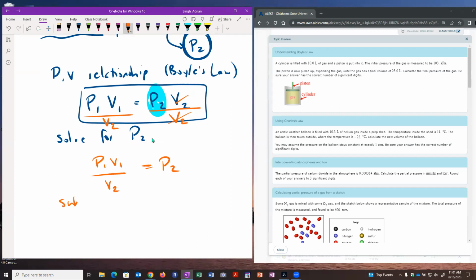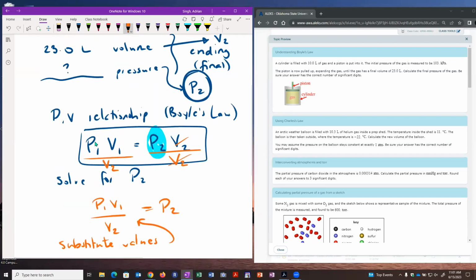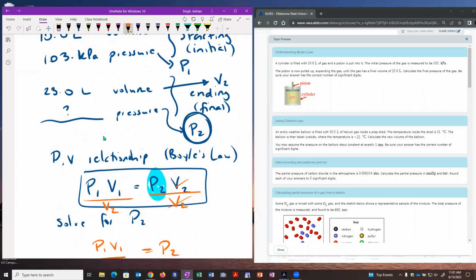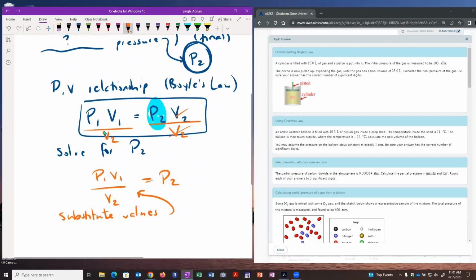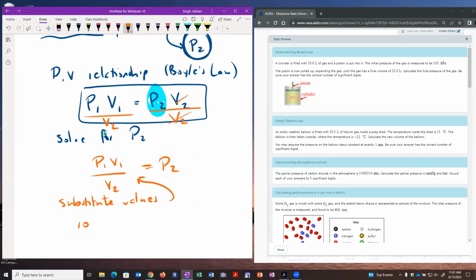We can then substitute the values into our rearranged equation. And we know what P1, V1, and V2 are. So P1 is 103 kilopascals, V1 is 10.0 liters, and V2 is 23.0 liters.